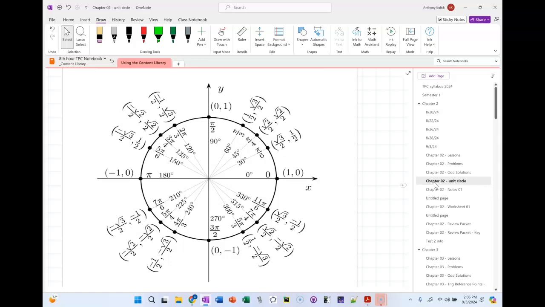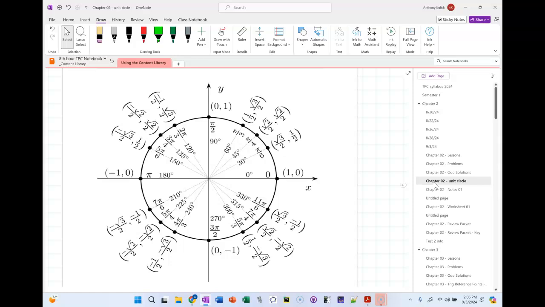What this unit circle is, it's every angle that we can find an exact value on with what we know so far recorded in one place. So remember when we did cosine of 150 before, right? We drew that 150 degree angle. We made a little right triangle. That little right triangle is a 30, 60, 90.